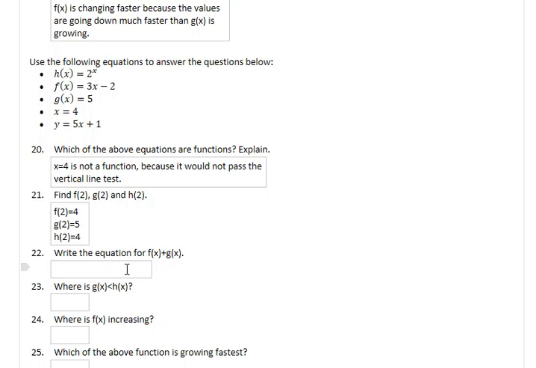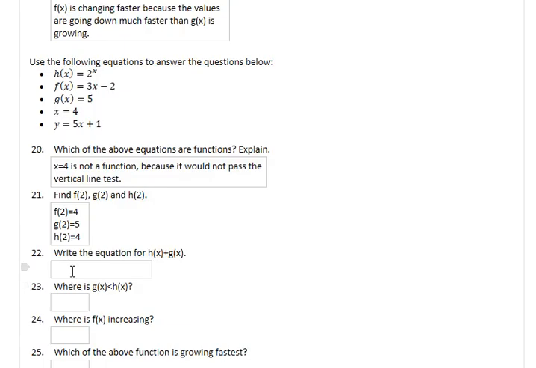Okay. Write the equation for f of x plus g of x. So, f of x, let me just make sure here because this might be a typo. Oh, yep, this is a typo. This should actually be g of x and h of x. So let me change this one. There we go. This must have just been a typo when I put it through.